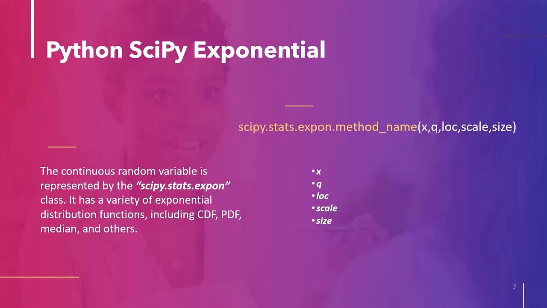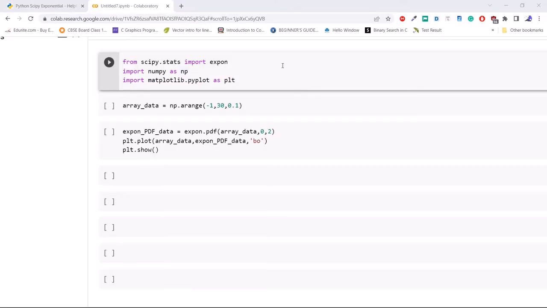Now let's take an example and compute the PDF of exponential distribution. Import the required methods or libraries. So here we are importing method expon from the library scipy.stats, then importing numpy as np. At the end we are importing matplotlib.pyplot as plt. Execute the code.